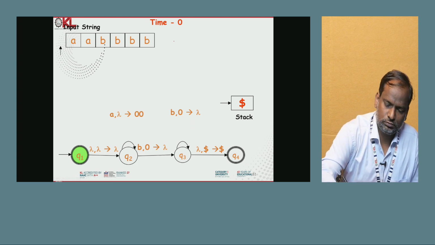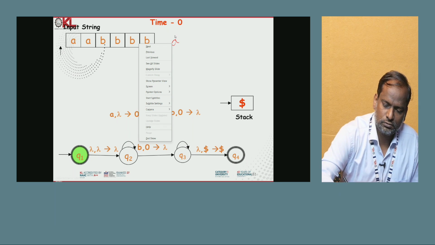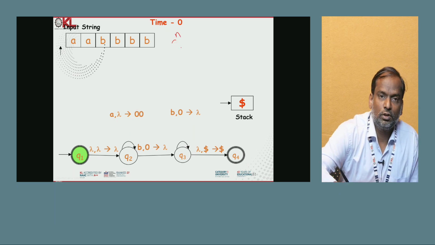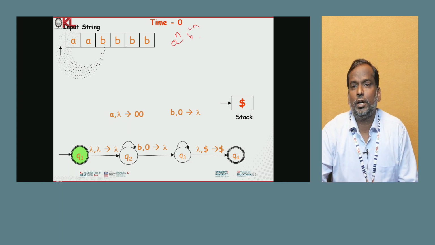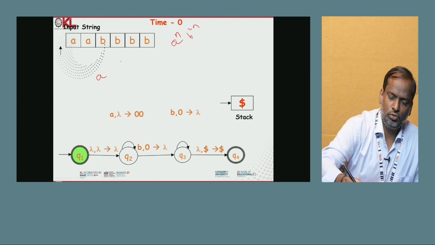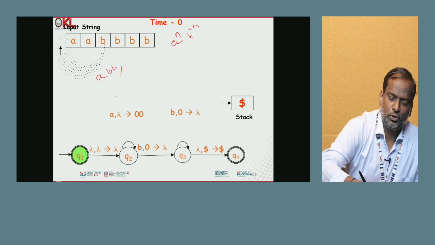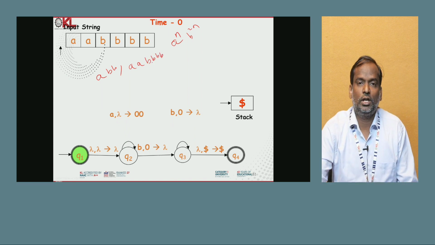It means n A's followed by 2n B's. For example, if I have one A, then there will be 2 B's. Suppose if I have 2 A's, then there will be 4 B's. So this is about the language, right?